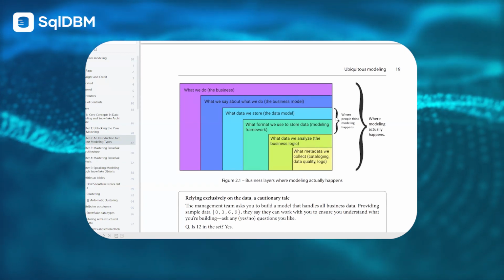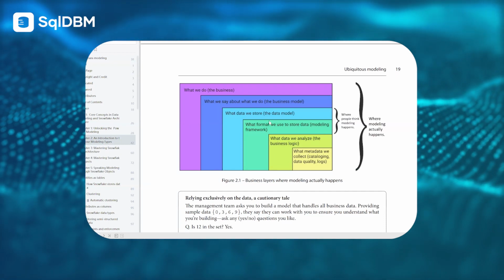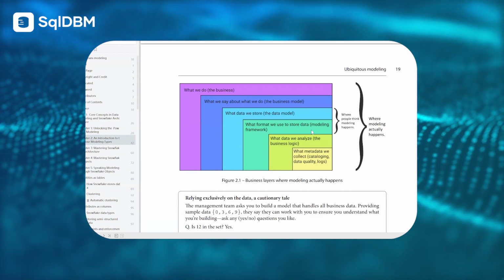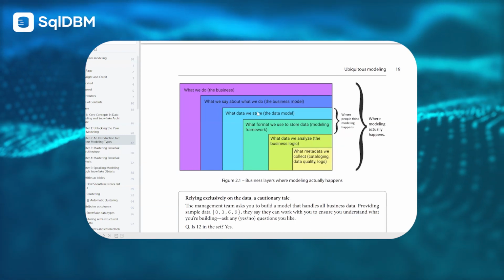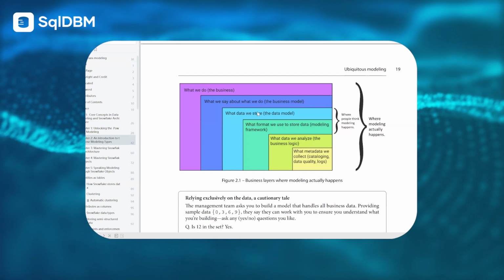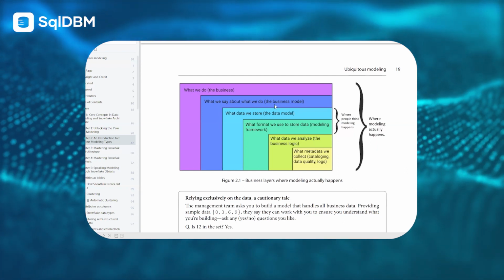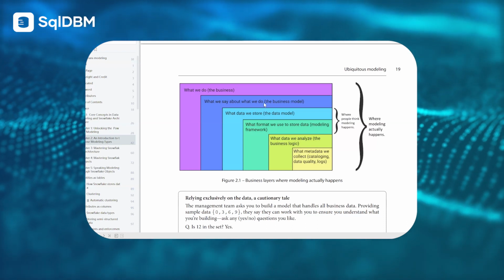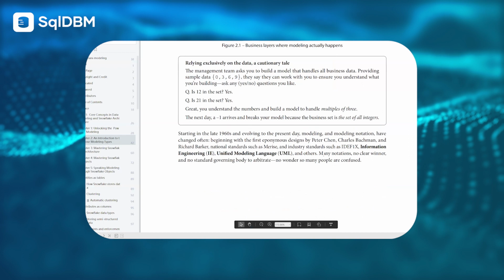Usually the conversation is constrained to the data we store and the data that we transform. But when we say a business model is accurate, it reflects what our business colleagues understand in their day-to-day operations, then we're really talking about the big picture.